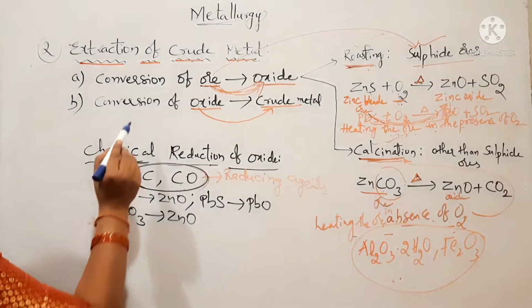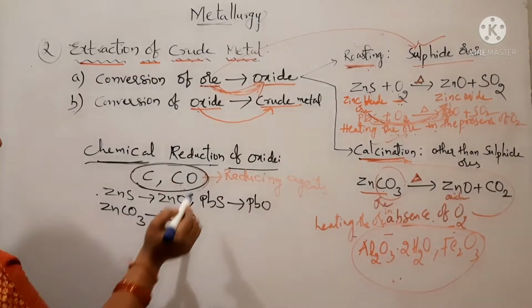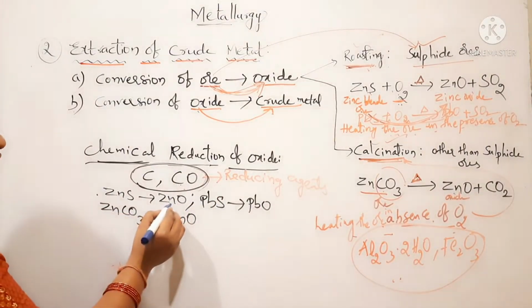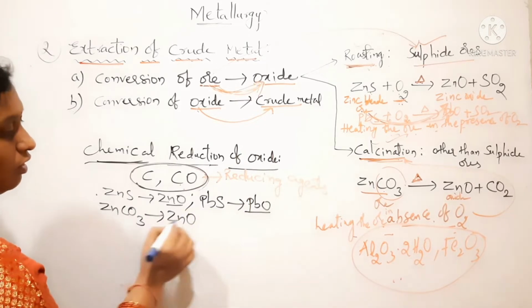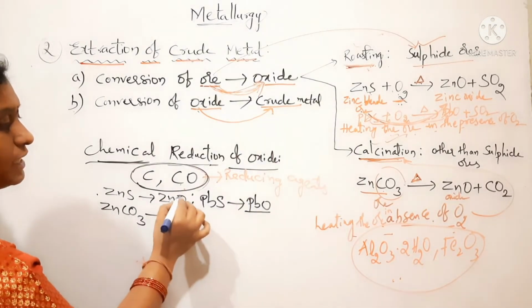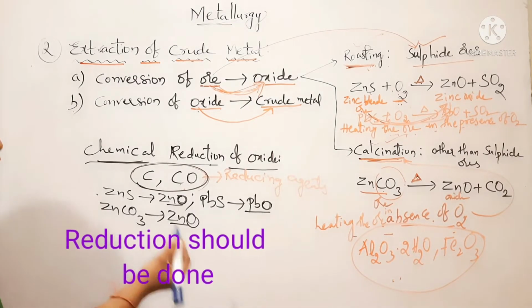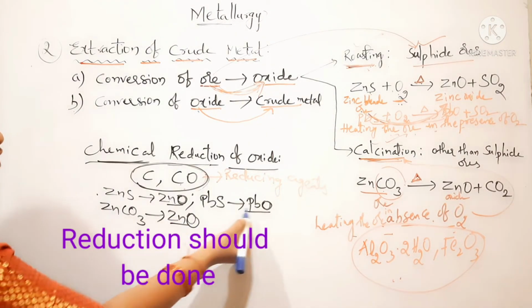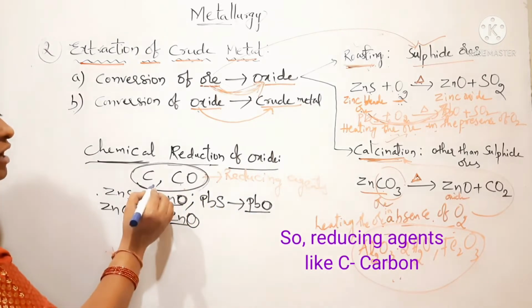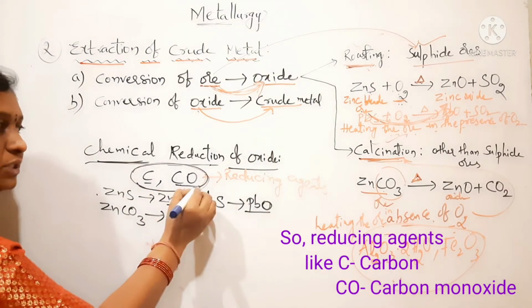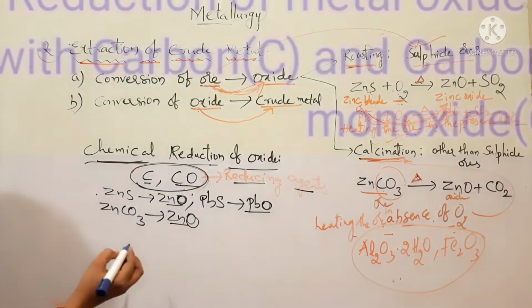Now you have to convert oxide to crude metal. In order to convert oxide to crude metals, we have to remove oxygen. That means reduction should take place. In order to reduce these zinc oxide or lead oxide to metals, we need reducing agents like C or CO. So that is how we have to see now.